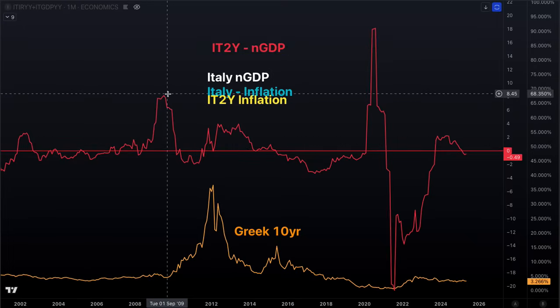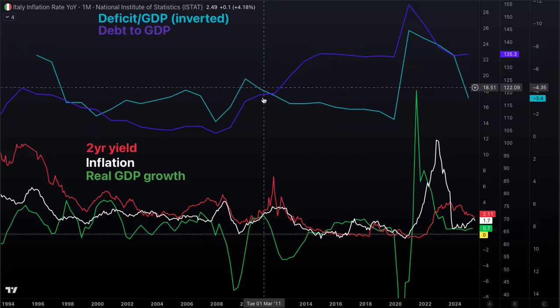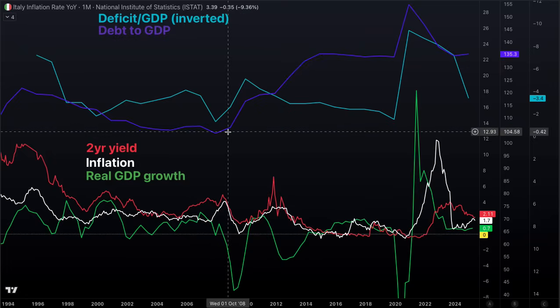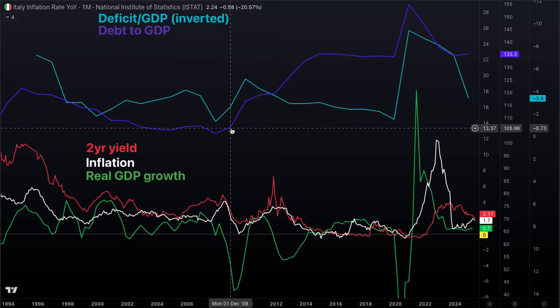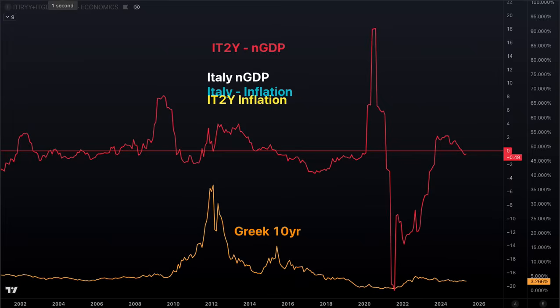You get a widening. And we can see at the peak here in the summer of 2009, it was 8%, meaning the Italian 2-year yield was 8% higher than nominal growth. This puts a huge debt burden on your country, especially when we've established here that their debt to GDP was already like 105%. So you are already pretty heavily indebted. You have this spike right from 2008.